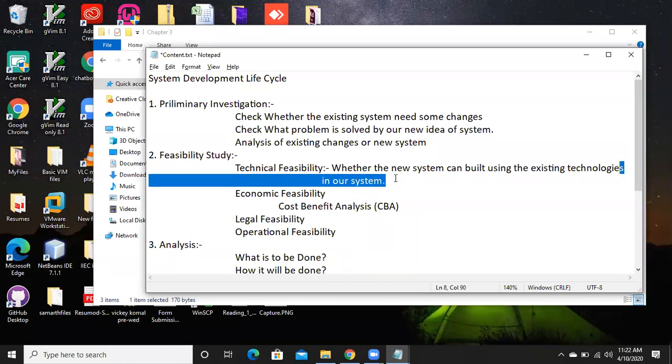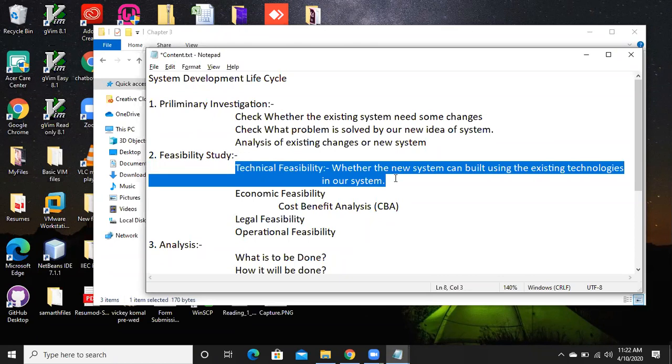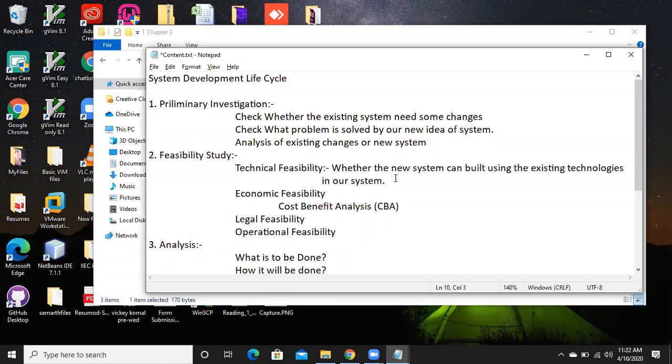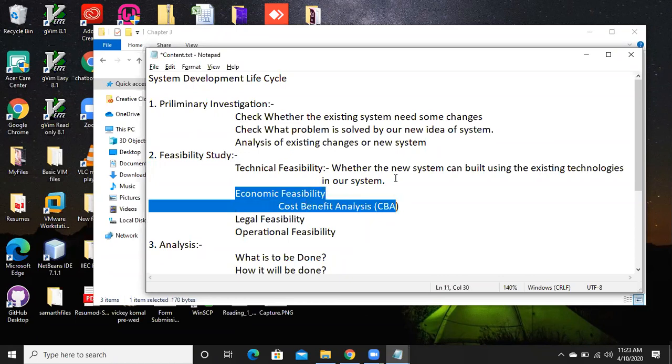So in technical feasibility, we check whether the proposed system can be built on the current existing technology, or we have to make some changes in our organization.